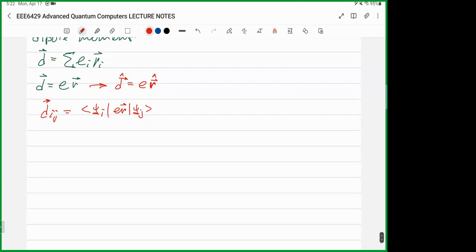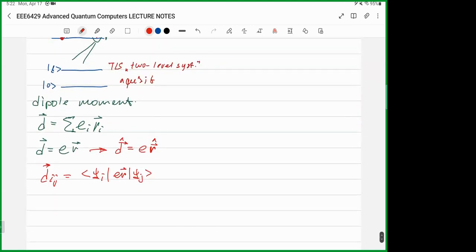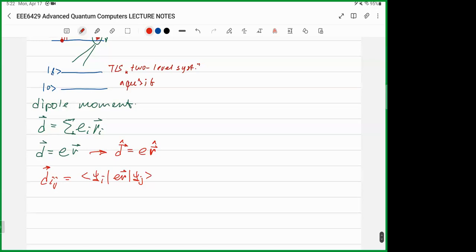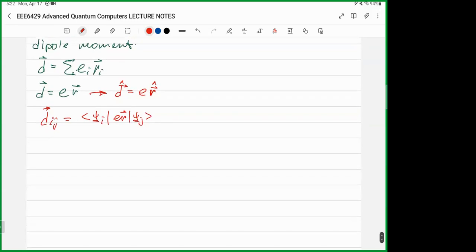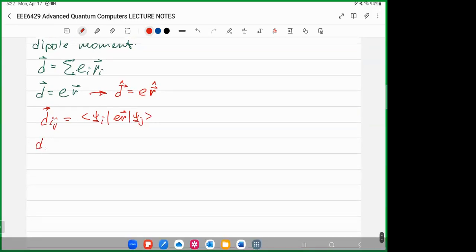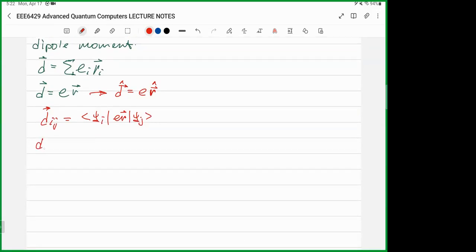So, for example, if we consider transitions from state 0 to state 1, we describe this process by the dipole moment d01, which is state 0, then this dipole moment operator, state 1.